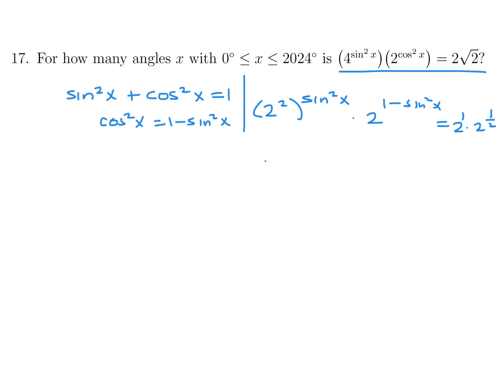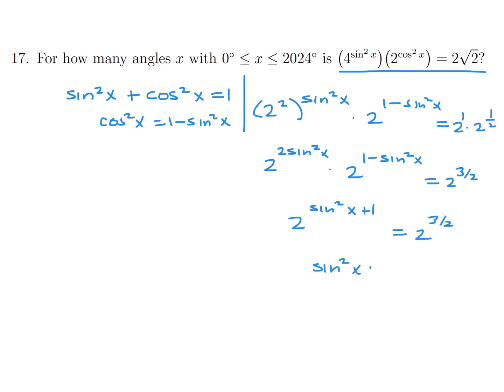This then becomes 2 to the 2 sine squared x times 2 to the 1 minus sine squared x is equal to 2 to the 3 over 2. And then we can just combine this. It will be sine squared x plus 1 is equal to 2 to the power of 3 over 2. Okay, so that means sine squared x plus 1 is equal to 3 over 2.